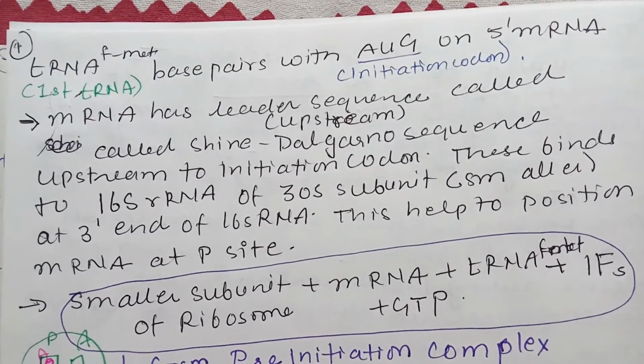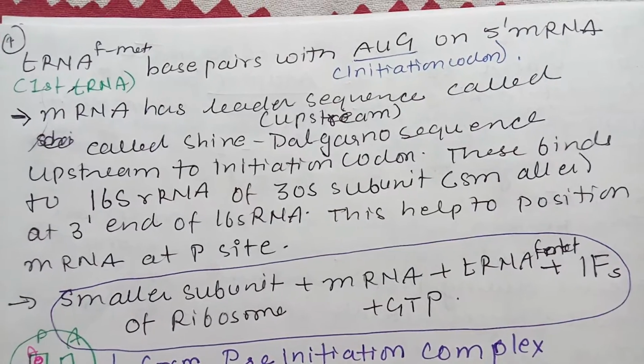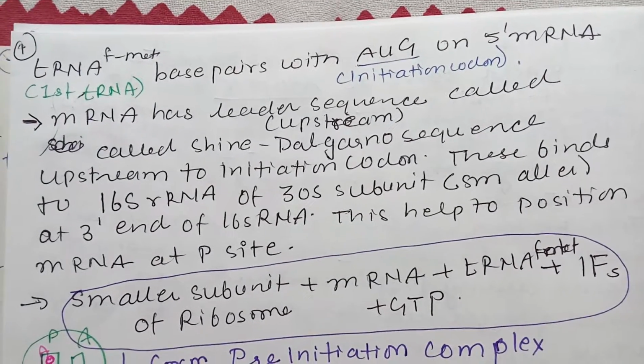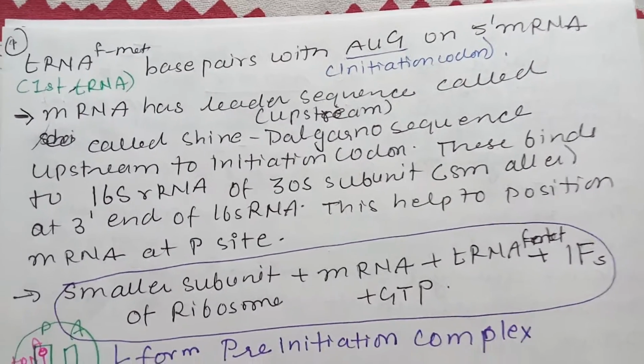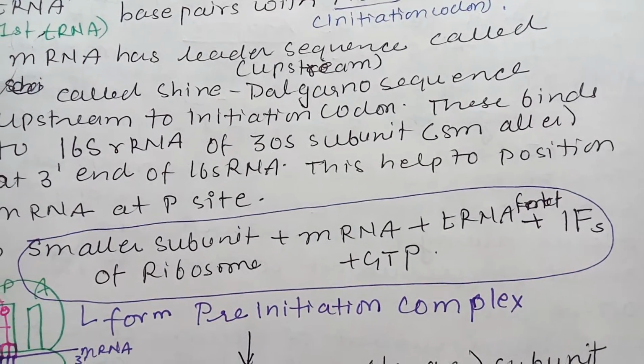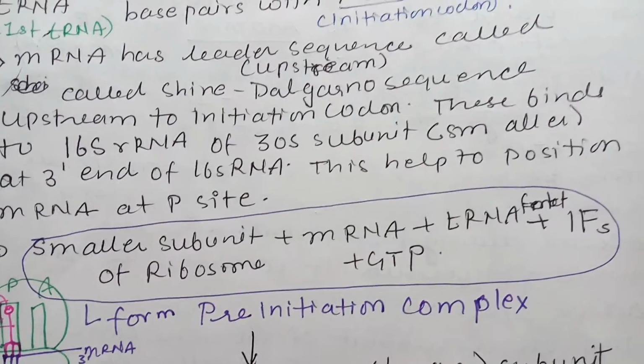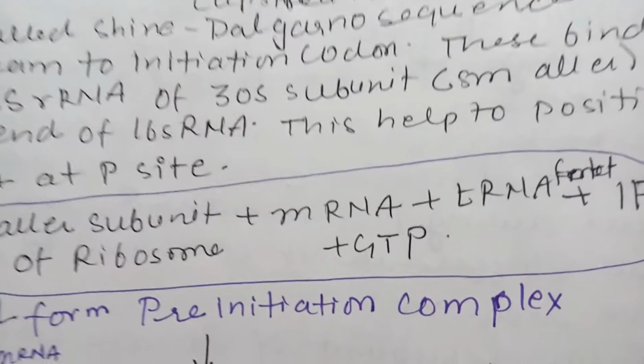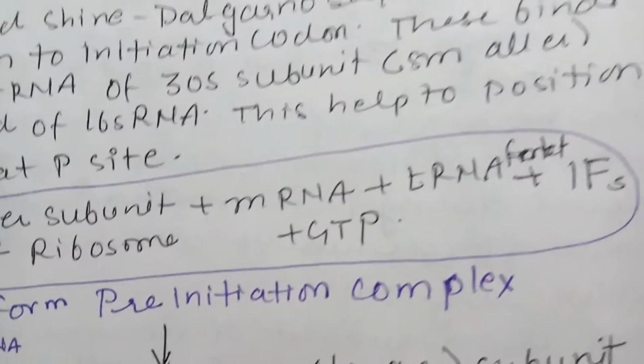At the 3' end of 16S rRNA, this helps to position the mRNA at the P site. So the small subunit along with mRNA, formylmethionine tRNA, initiation factors and GTP forms the pre-initiation complex.